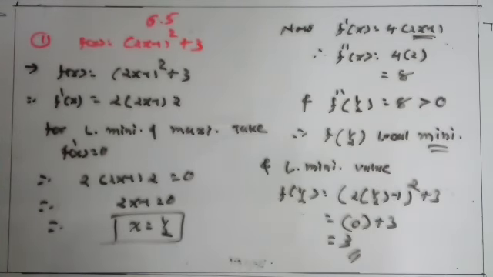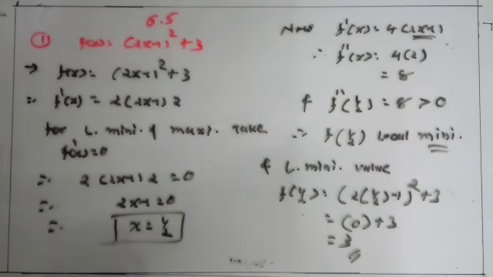For this, first we get the first derivative, compare with 0 and get the values of x. Now replace all values in the second derivative f double dash x, and check whether the second derivative at this value is greater than 0 or less than 0.